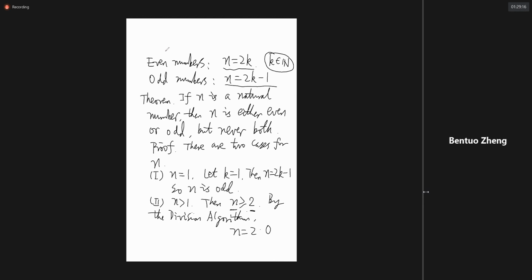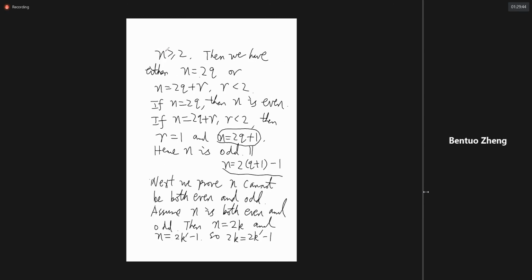Because we are talking about natural numbers, but 0 is not a natural number, right? So this is not even. Or n equals 2 times 1/2, this is equal to 1. So you can't just say it when you write it as 2 times something, but this something has to be a natural number. All right? Understand this definition?